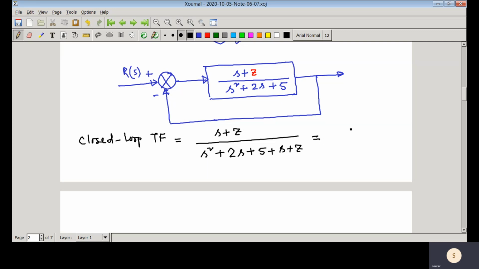Now if we divide this numerator and denominator by s square plus 2s and s, that is 3s, plus 5, then we have 1 plus z divided by s square plus 3s plus 5.